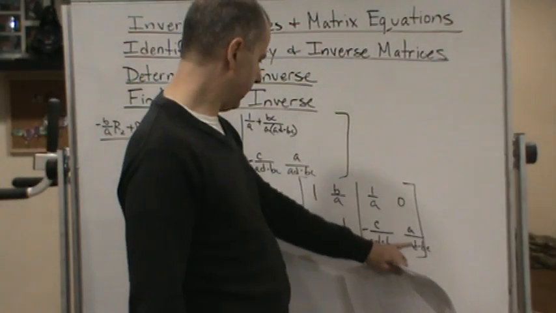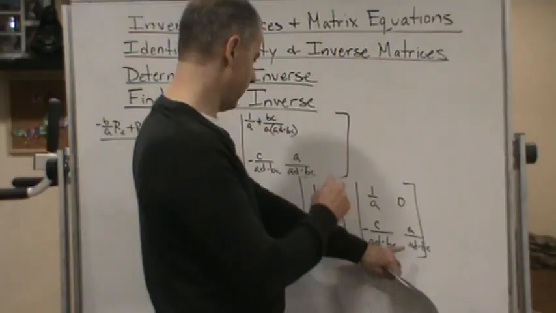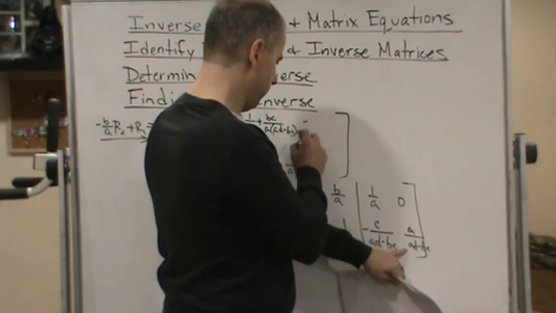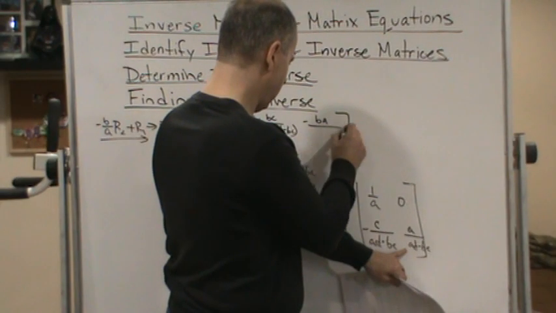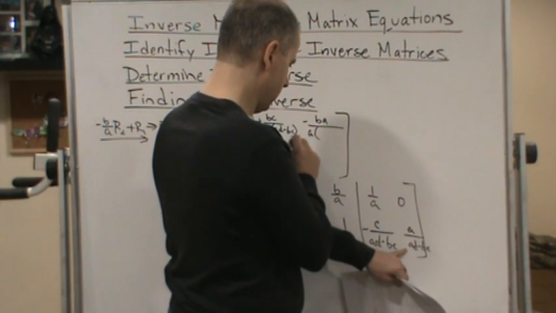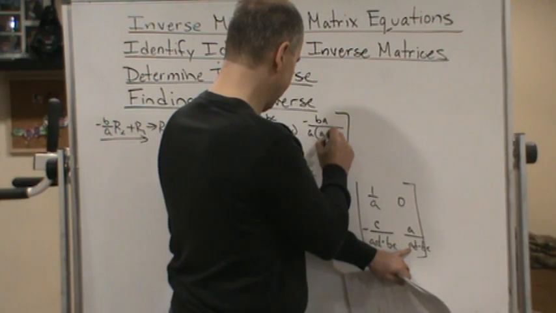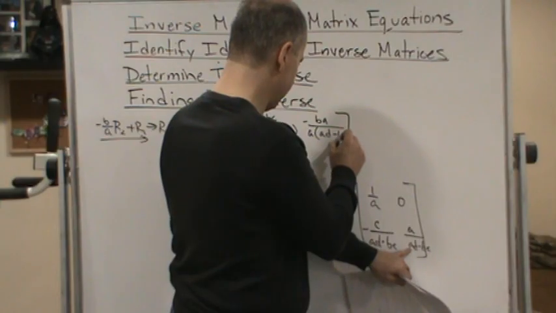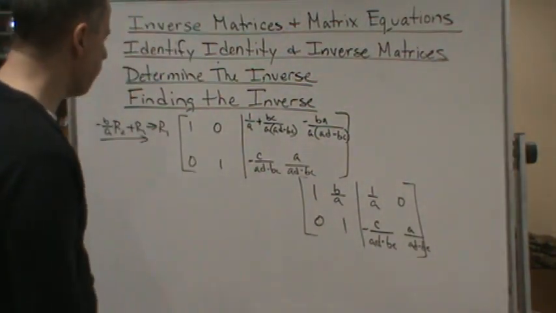Now we're going to take negative B over A times this plus this, so that's going to be what? Negative BA over A times AD minus BC.